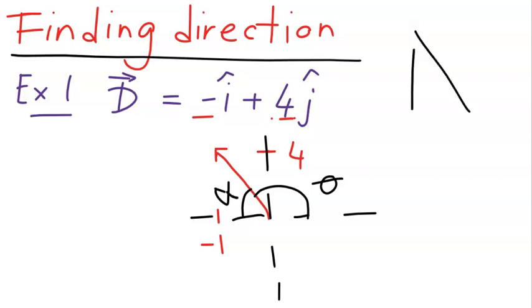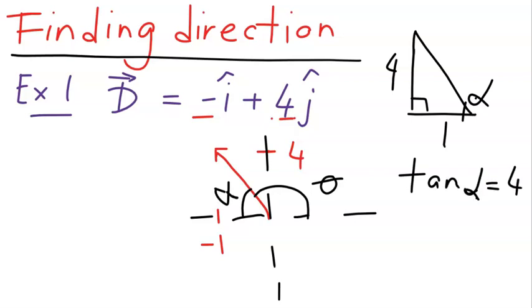That can be done from trigonometry. Let's trace this right angle triangle. Magnitude of this side is 1 and that is 4. I'm ignoring the minus from this -1 because what I'm interested in is the acute angle alpha. So you can immediately see that tangent alpha is 4. So alpha is about 76 degrees.